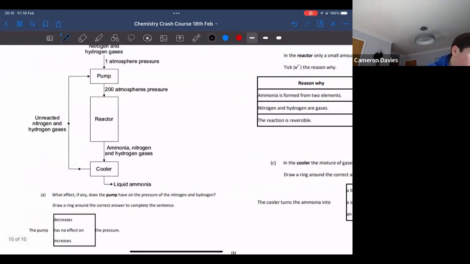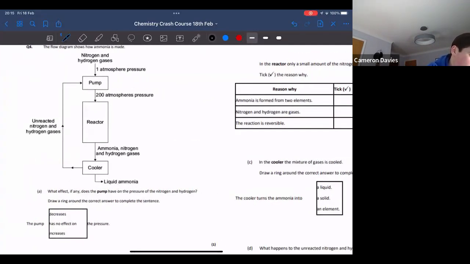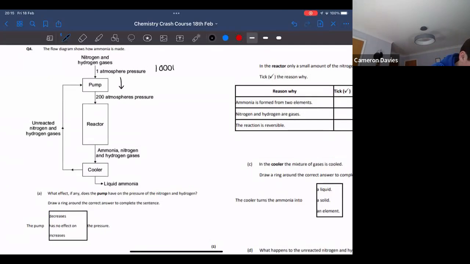So we are looking at a slightly simplified diagram of the Haber process. Again, we've got this pump, which is pumping all those nitrogen and hydrogen gases, increasing the pressure to 200 atmospheres. So we're going from essentially 1,000 kilojoules to 200,000 kilojoules.